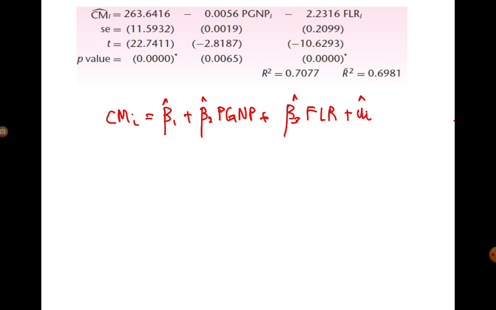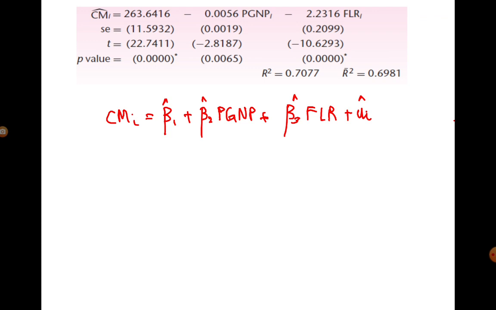The second row shows the standard errors of each of these variables. In one of the previous video lectures, I had shown you the formulas for the standard errors, right? It is the square root of the variance term, and I had discussed the variance formulas with you.